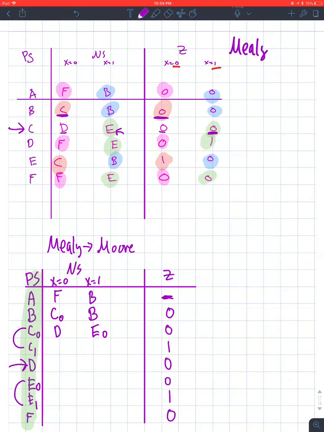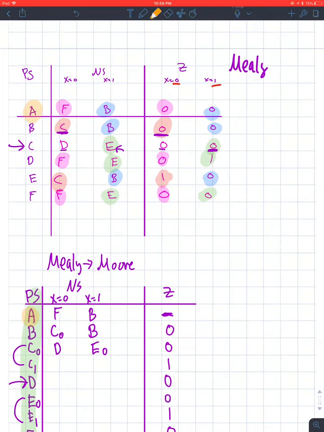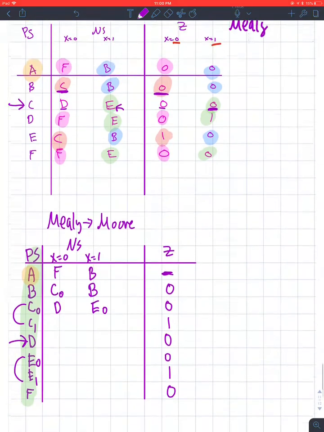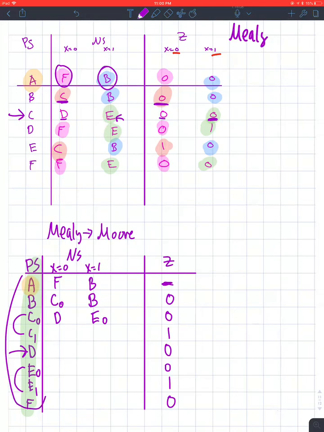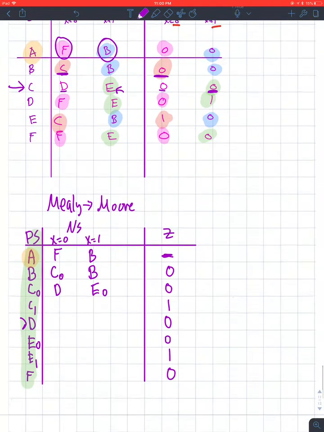And now for C1, you're literally just matching the letter here with the letter up here, and then you're finding what their next state variables are. And then from there, you're going to see, okay, does my variable repeat anywhere? And that's how you know what to write in your next state for your Moore table.